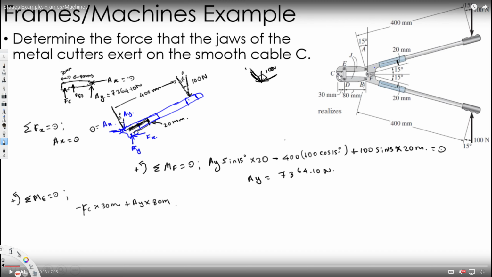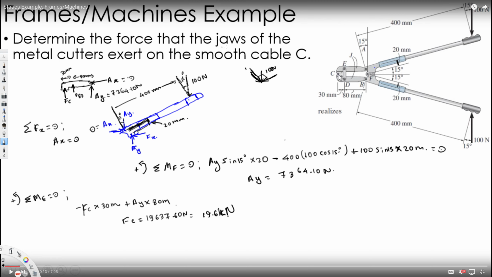Ay is known already, so I can plug it in here. Fc comes out to be 19637.60 Newton, so you can say 19.6 kilonewton. This is my final answer, and that's what they're asking.